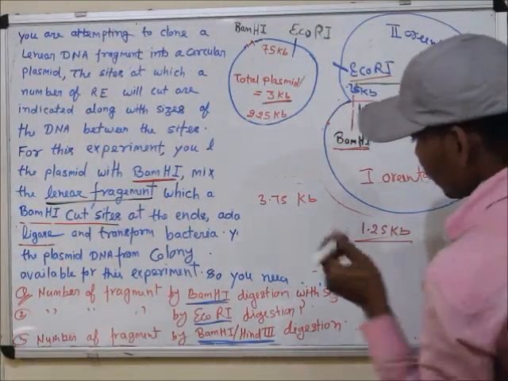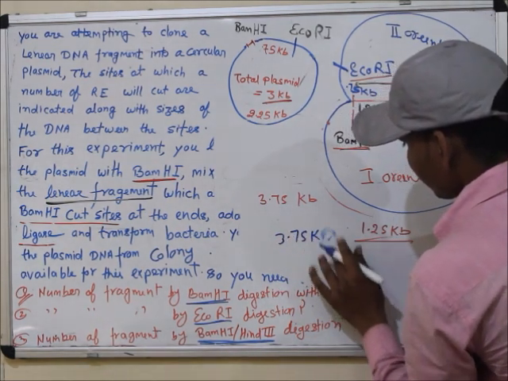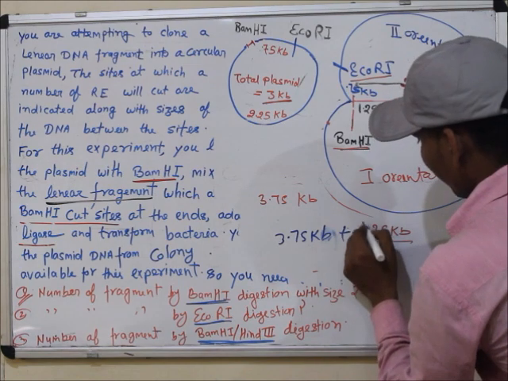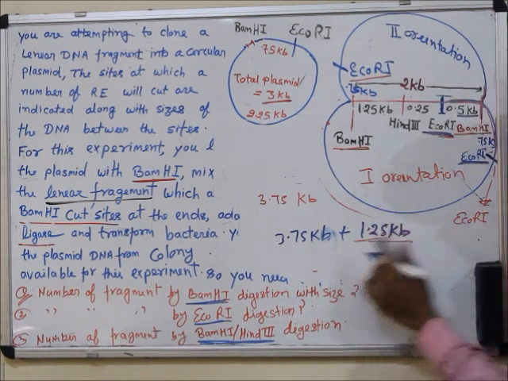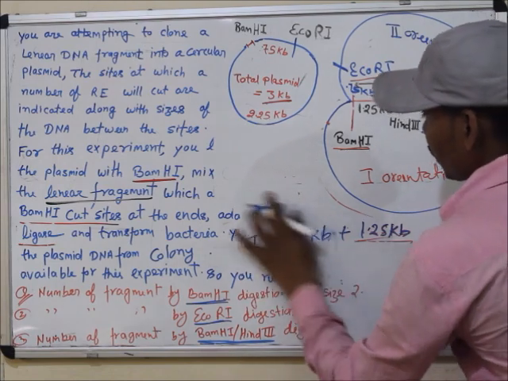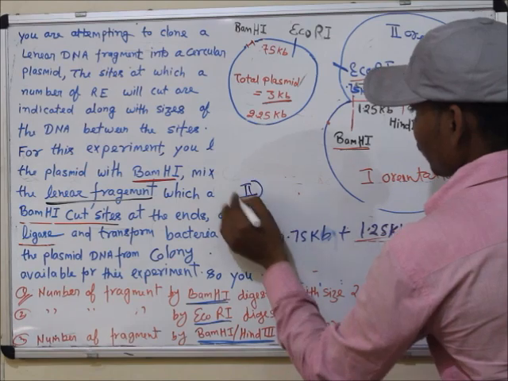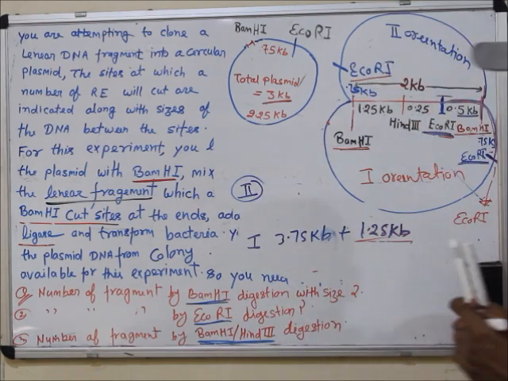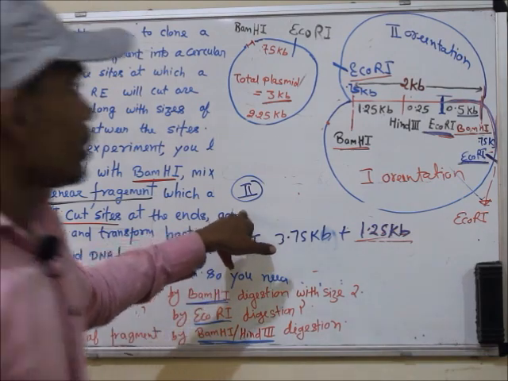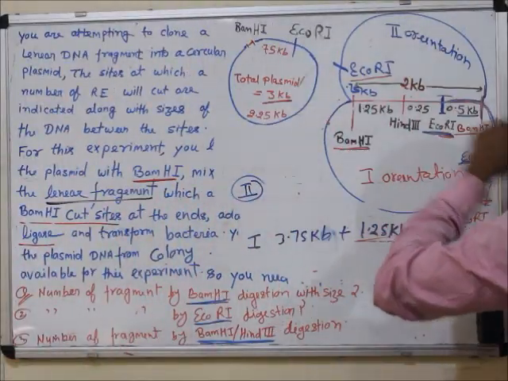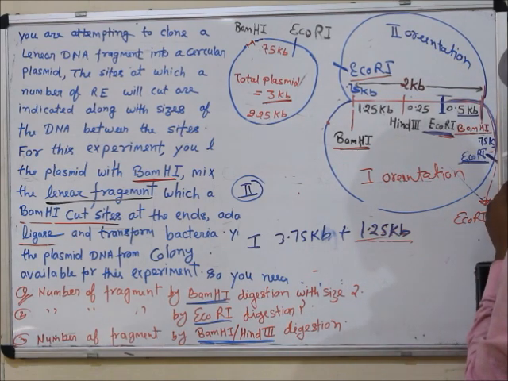This is the first orientation: 3.75 kb plus 1.25 kb. In the second orientation, what happened? If we add EcoRI in the second orientation, what happened?